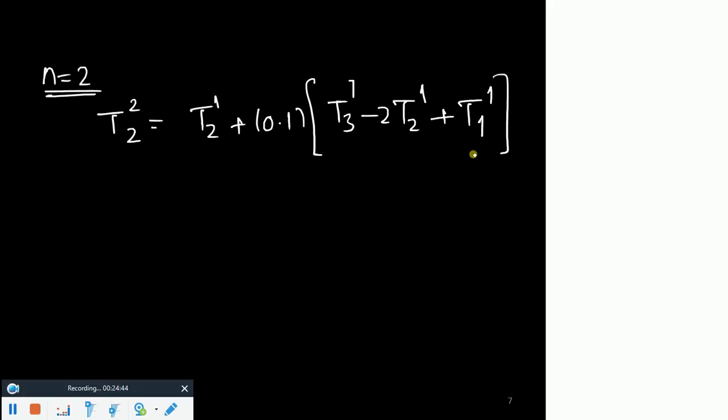Okay. And then we repeat the calculation. See what is the value. What is the value for T2 comma 2? 275. Okay, this is 275.5 Kelvin. What is T3 comma 2?